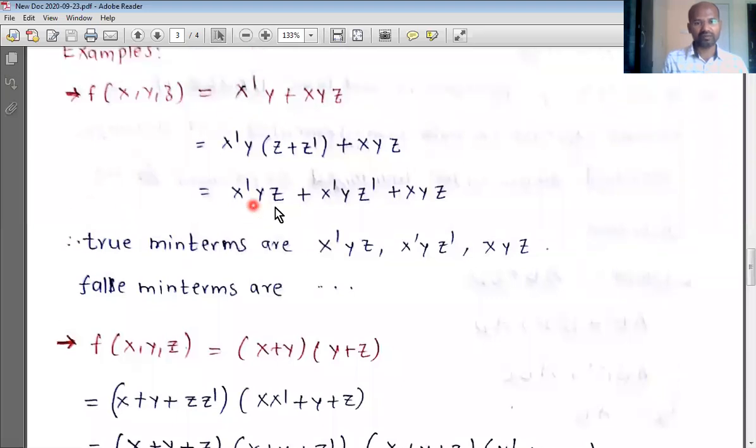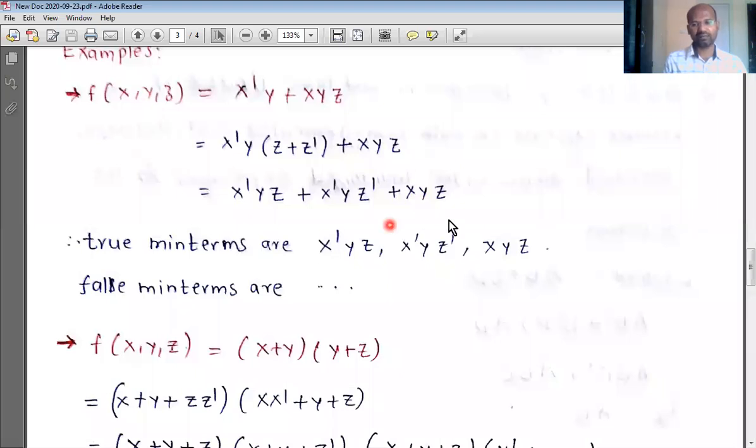For these terms, the function f will have value 1: either x bar yz is 1, or x bar y z bar is 1, or xyz is 1. So x bar yz is a true minterm, x bar y z bar is also a true minterm, and xyz is also a true minterm. There are 3 true minterms for this f.